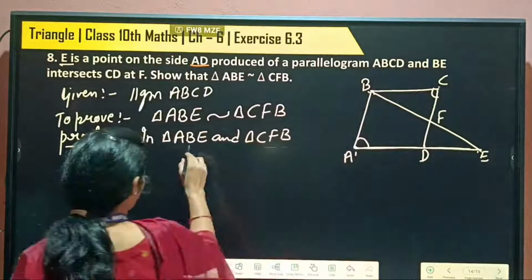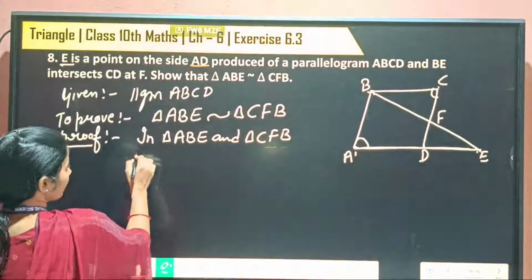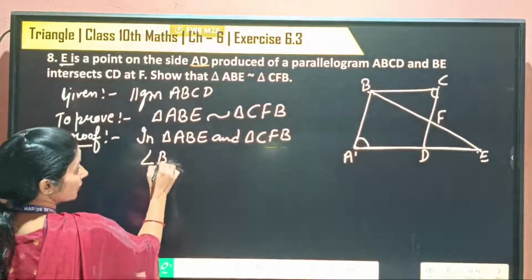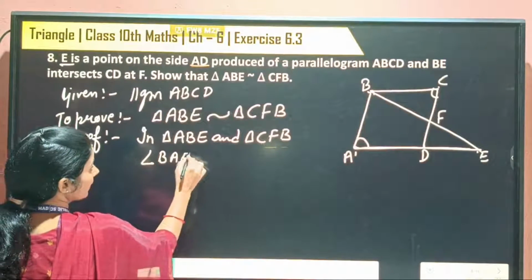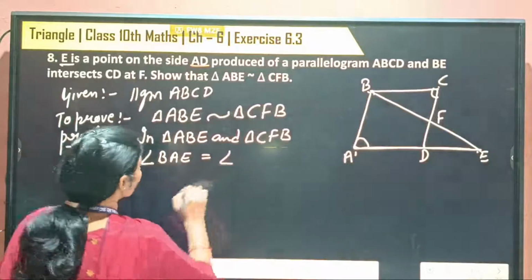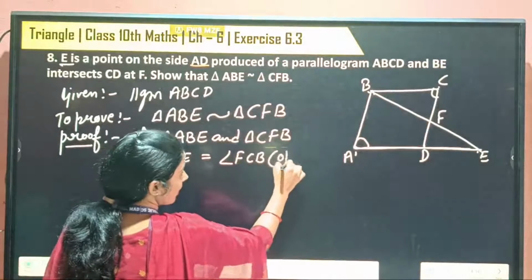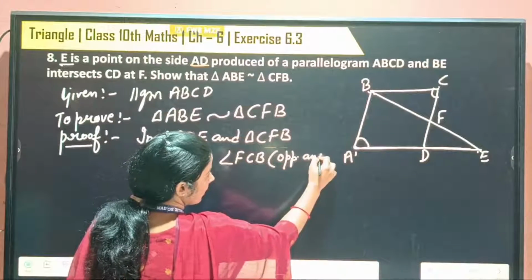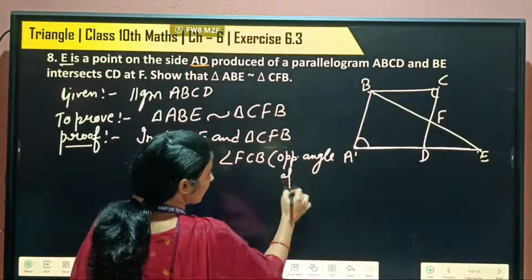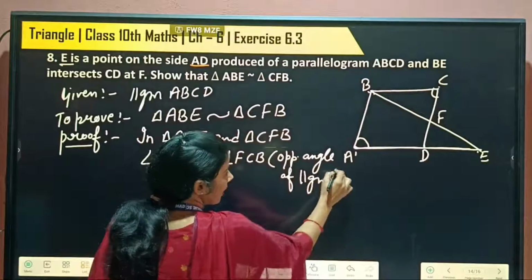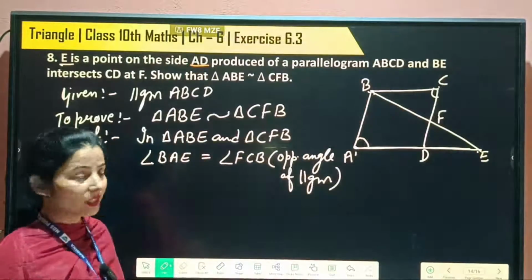I will write in triangle ABE, angle BAE equals angle FCB. These are opposite angles of a parallelogram, and we know opposite angles of a parallelogram are equal.